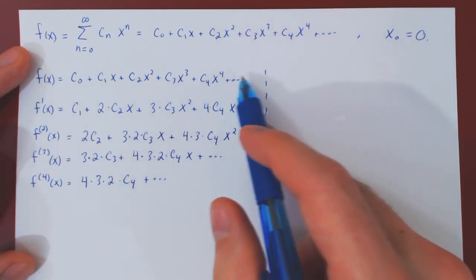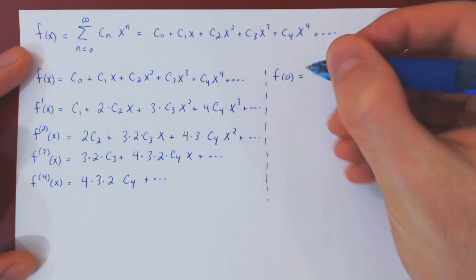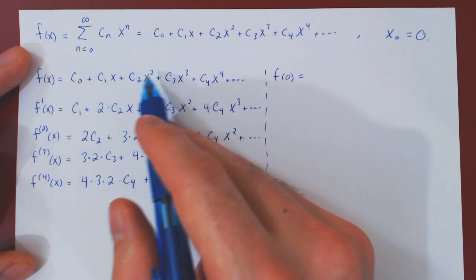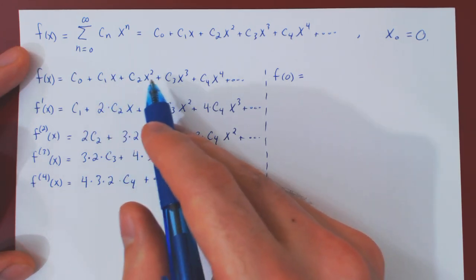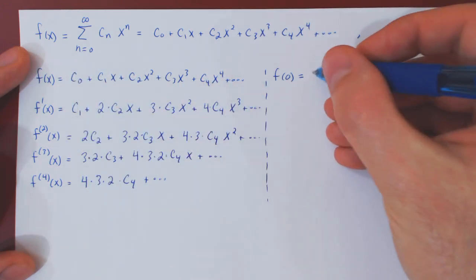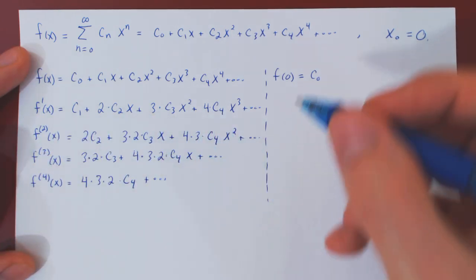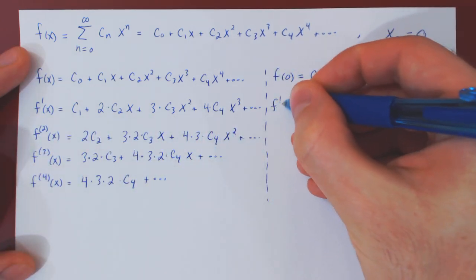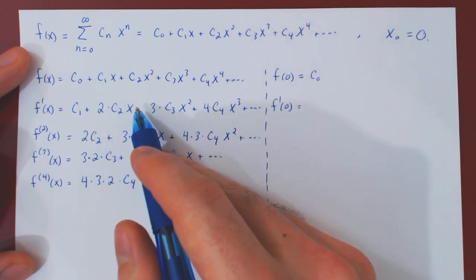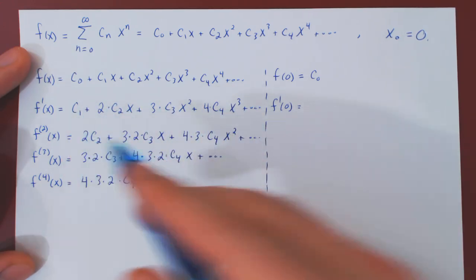So if we replace x by 0, we will have that f of 0 is equal to, well, every multiple of x will be 0 as we are replacing x by 0, so these terms will vanish and we'll be left with c0. Let's do the same for f prime of x, replacing x by 0, f prime of 0. All multiples of x, x squared, and so forth will vanish, and we'll be left with c1.